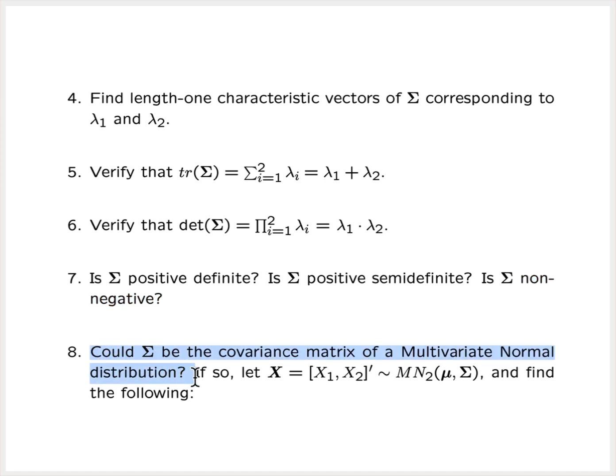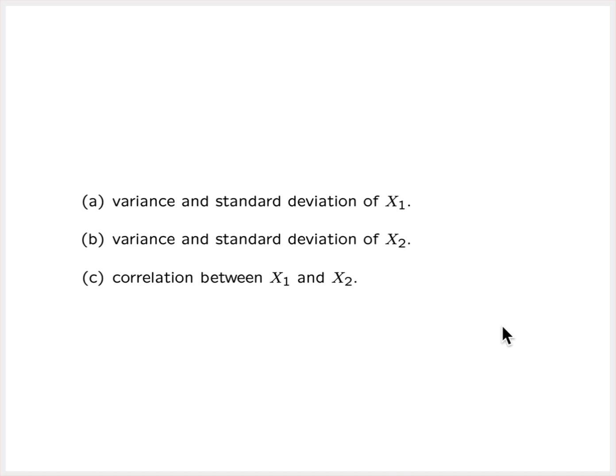And then we'll answer the question, could this matrix be the covariance matrix of a multivariate normal distribution? If so, then find the following. We want to find the variance and standard deviation of x1, the variance and standard deviation of x2, and the correlation between x1 and x2.